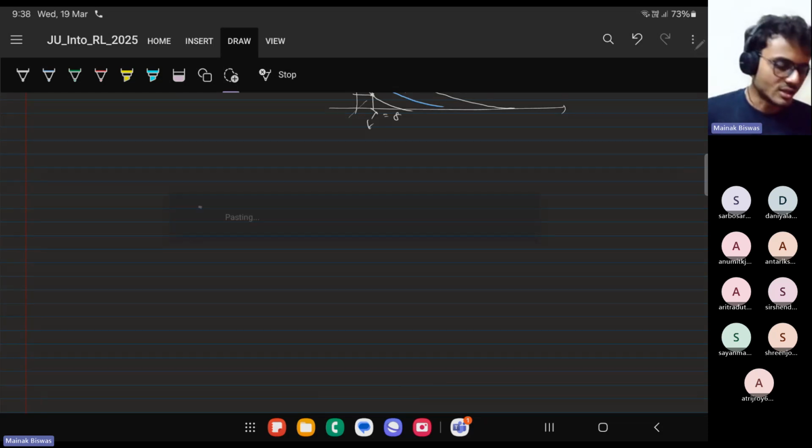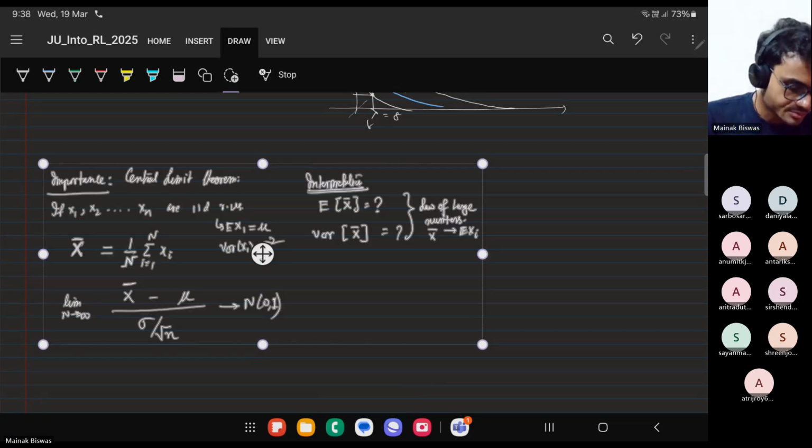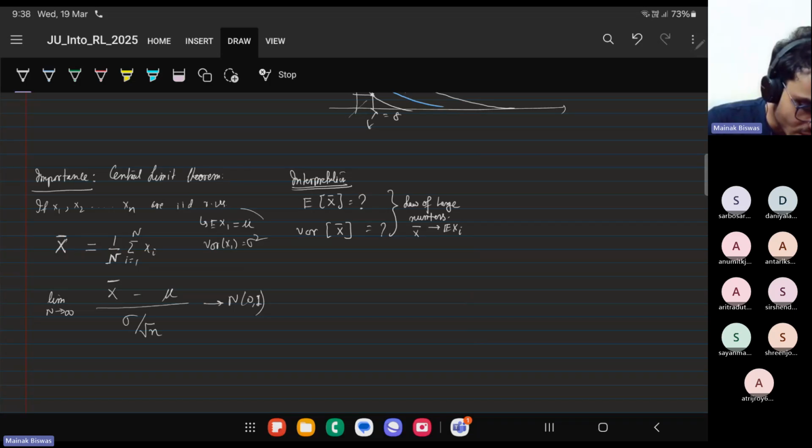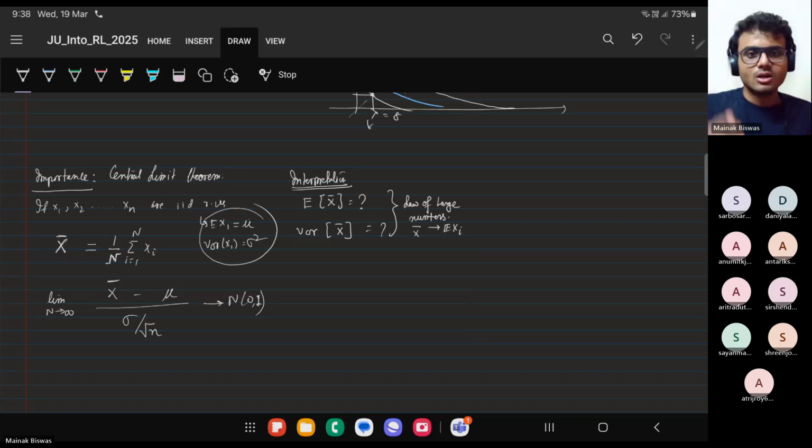Okay, so what does the central limit theorem say? Say you have samples drawn from a distribution which has mean mu and variance sigma squared. People who do a little bit of data mining would use this all the time for normalization.